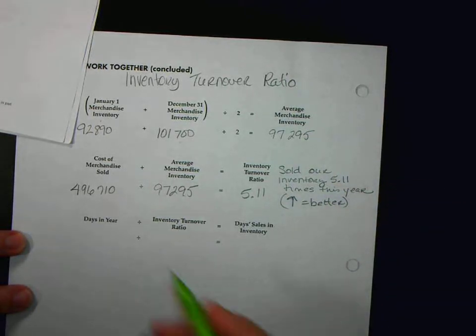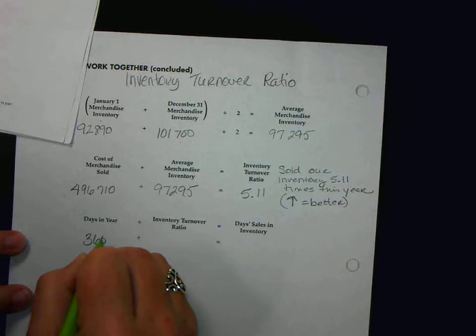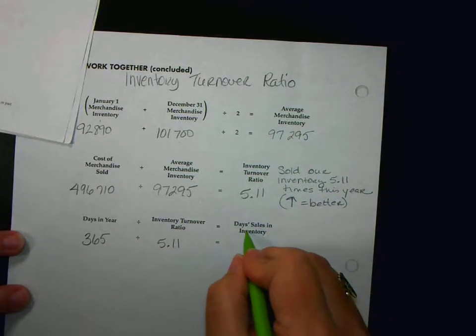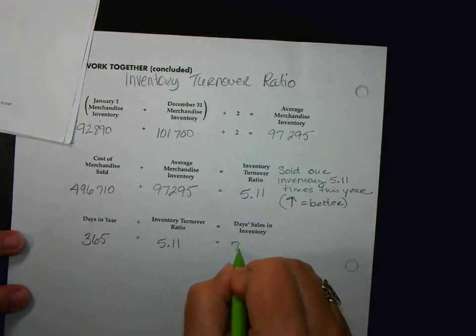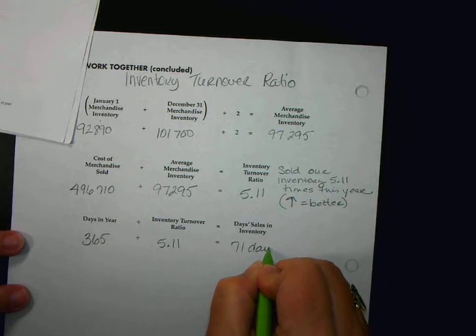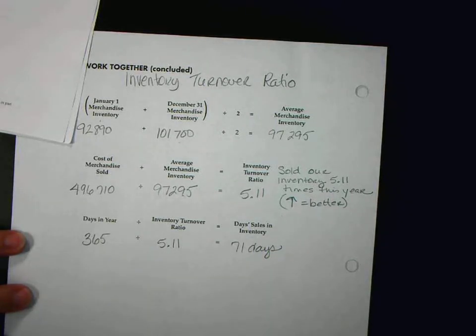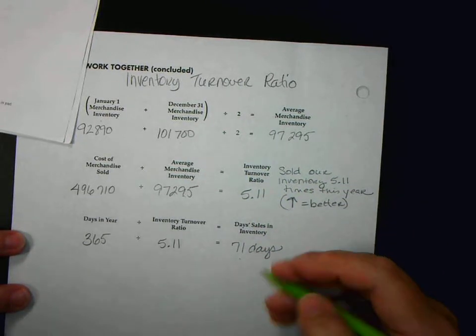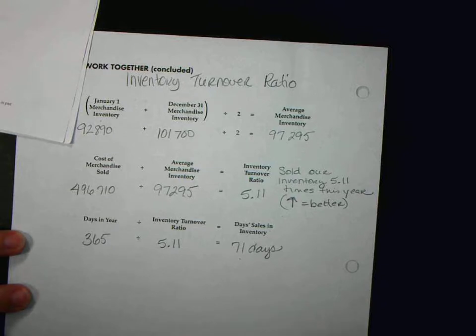All right, then days in the year, 365, divided by our turnover ratio, gives us the days in inventory. How long is our inventory sitting on our shelf? On average, 71 days. Okay, again, this one we want to be lower because the faster it's moving, the less time it spends on our shelf.